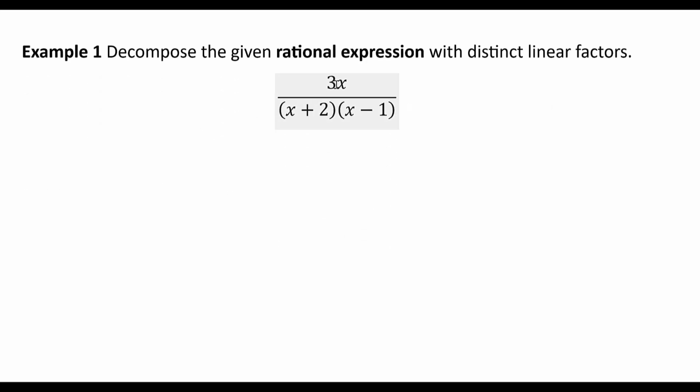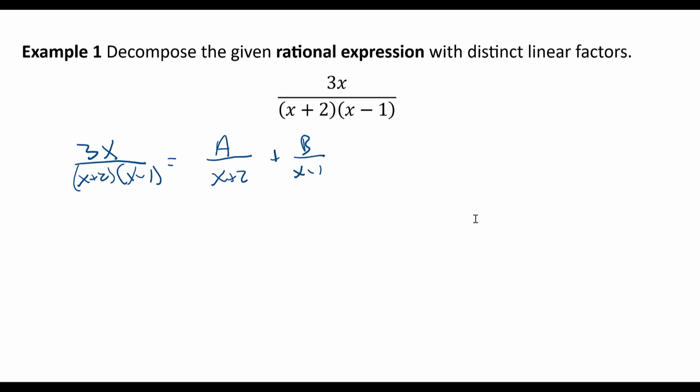3x over x plus 2 times x minus 1. So we're going to write this as 3x over x plus 2 times x minus 1 equals something like A over x plus 2 plus B over x minus 1.